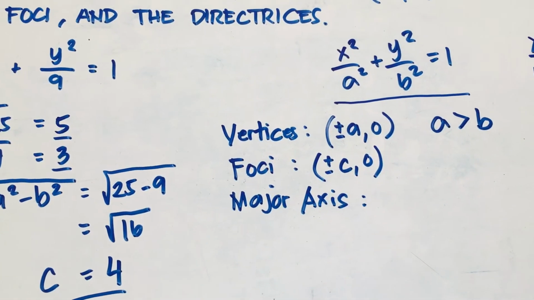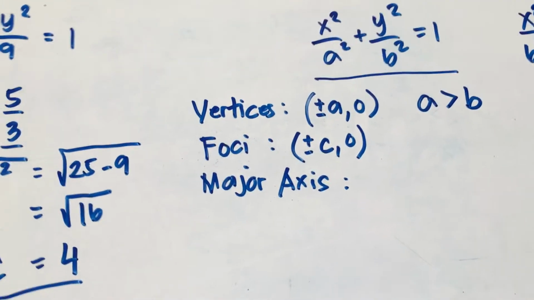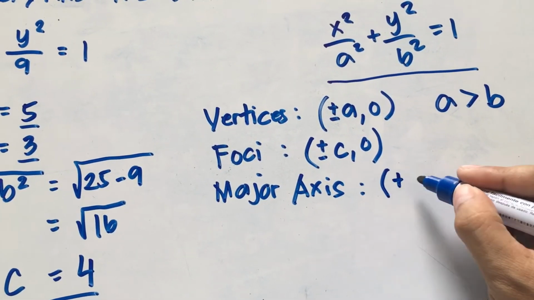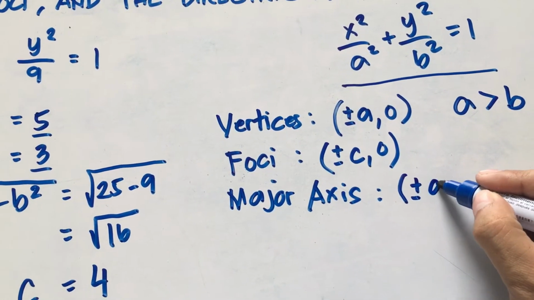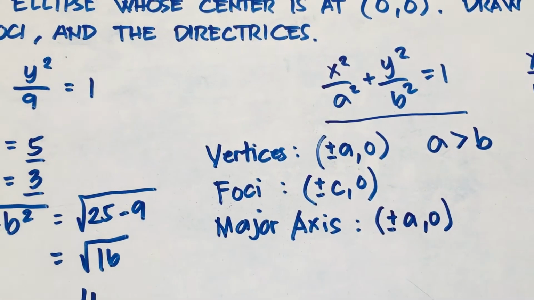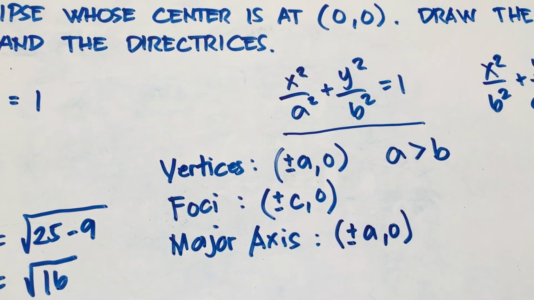The formula to solve for the major axis is plus and minus a, 0. Actually, in this kind of formula, your vertex is your major axis, and that is correct.